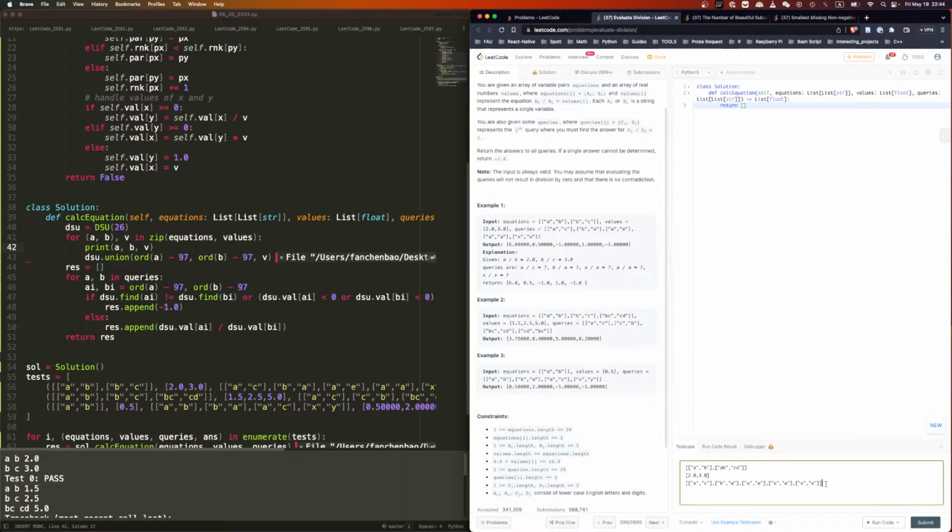What you're saying is if I do A and CD, this shall work. Because A is 2, B is 1, okay? AB is 2, so I know CD is 2 divided by 3.